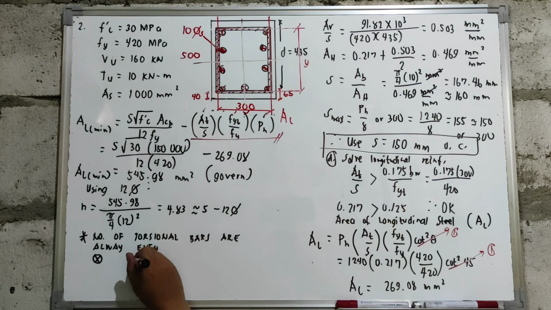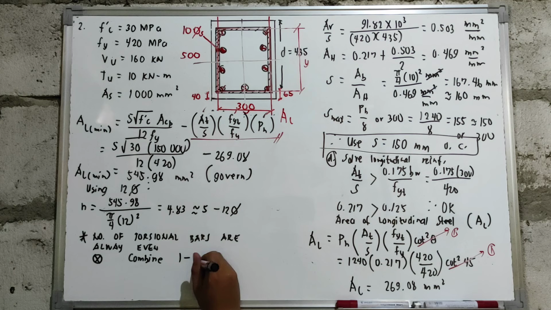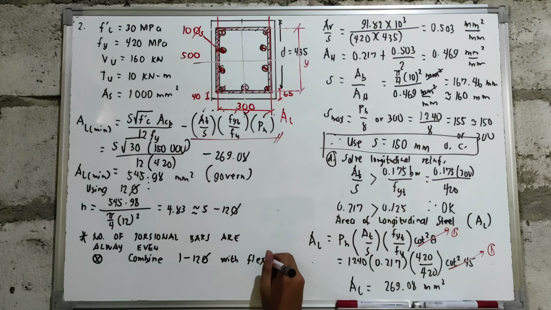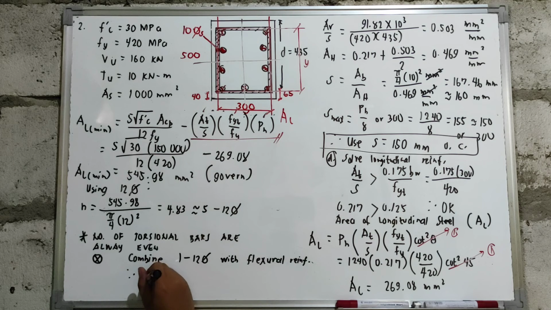Iko-combine natin yung isang reinforcement natin na 12 mm diameter na longitudinal bars with flexural reinforcement or yung sa mga main bars natin to resist bending. So, mangyayari niyan is meron tayong value ng bottom bars. Therefore, yung bottom bars natin, kanina yung bottom bars daw natin, meron siyang total area na 1,000 mm squared.